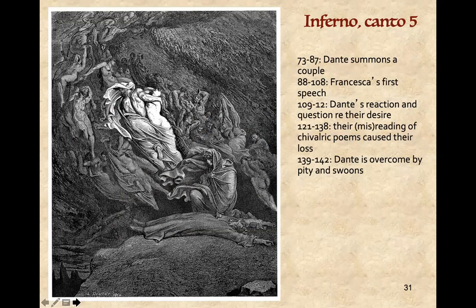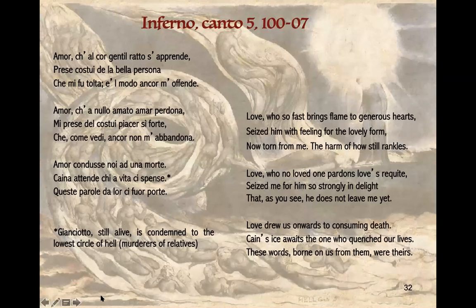Francesca is the one who speaks here, while her lover Paolo remains silent throughout. And so Dante asks her the question: what happened? What went wrong? Can you tell me what your experience of love was?